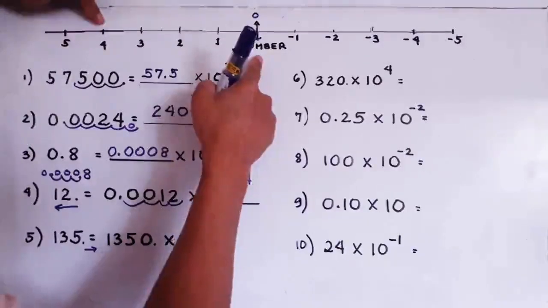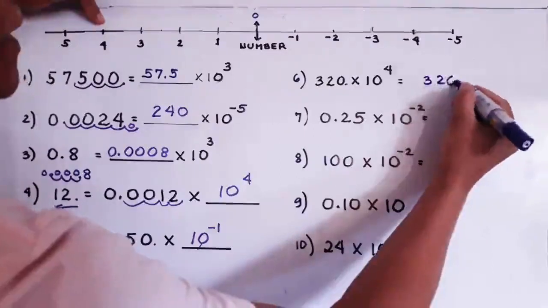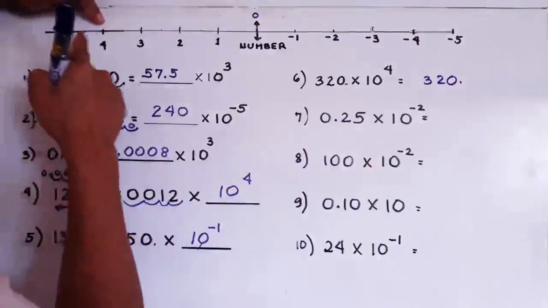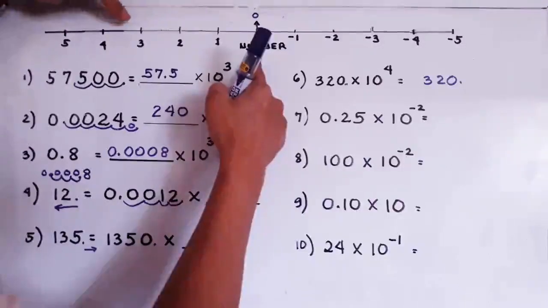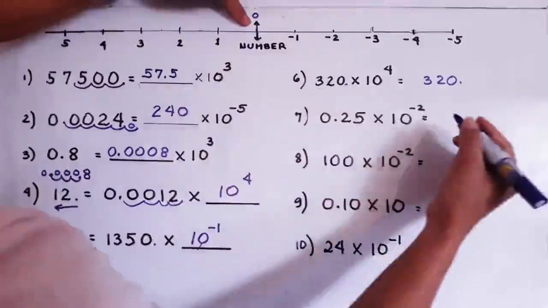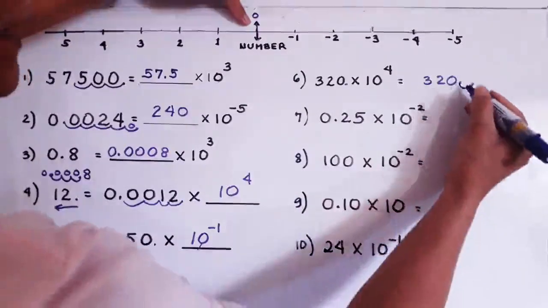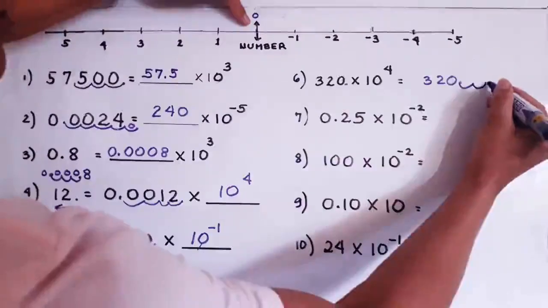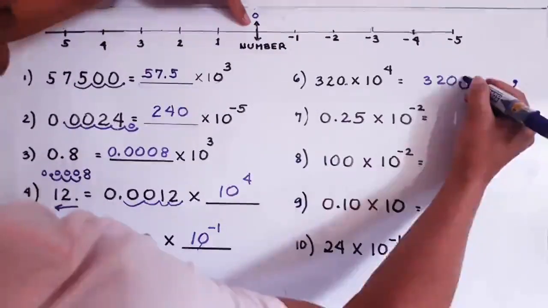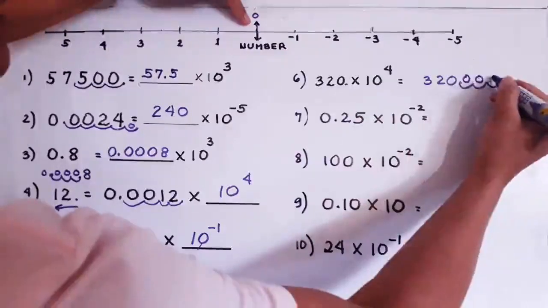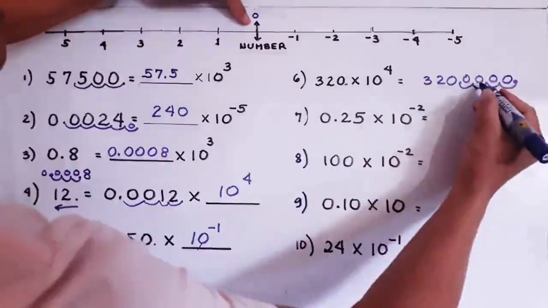So we need to move the decimal point of 320, let us write first 320 here, to the right. By how many? By 4. 1, 2, 3, 4. So we have 1, start there, not here. 2, 3, and 4. Decimal point. And put the 0 here, here, here, and here.